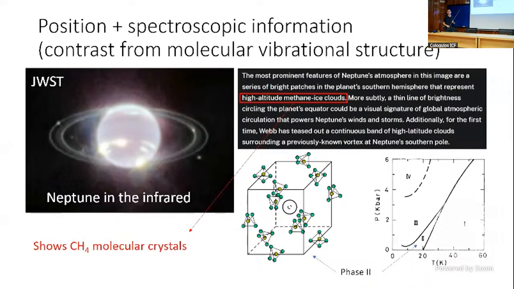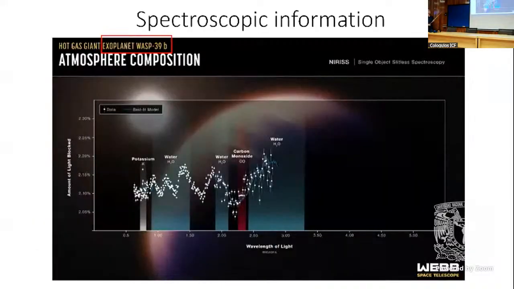Information about the molecule itself, the vibrations of the molecule. And I will show you in a minute an example of something that we have measured along these lines. But before, here is the typical spectrum. This is another planet, an exoplanet. And you see here they plot the amount of light blocked as a function of the wavelength.